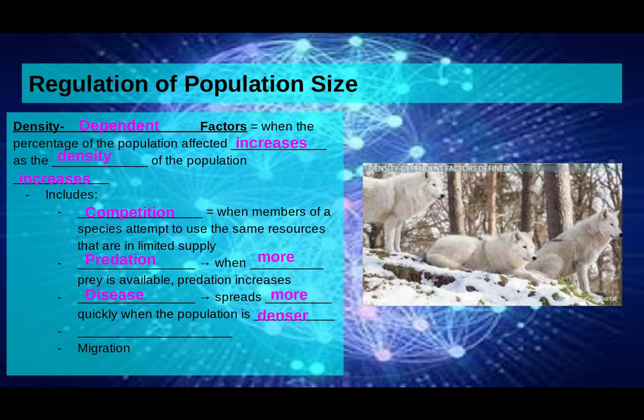They tended to have a lot more spread of COVID-19, really rapidly and exponentially, than some of the cities where people are more spaced out, have more room, and aren't coming into contact with each other as quickly. We also see parasitism play a role in population size. Parasites can bring a population down. And also migration, moving to a new area.